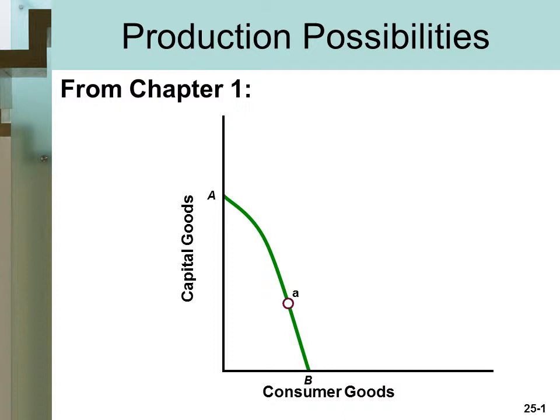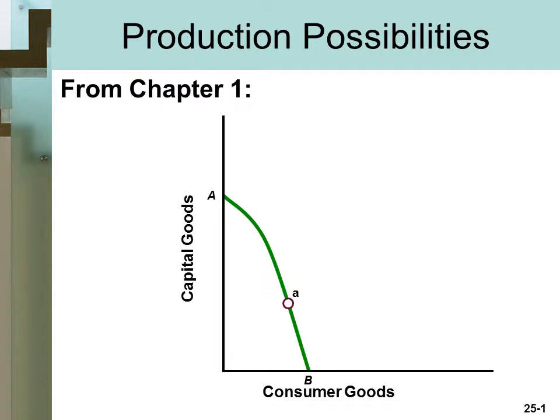But we said that in the future we could achieve economic growth through a couple different reasons. The first one being an improvement in the quantity or quality of resources. So if we discover more resources or we get better resources, that would lead to economic growth. And then the second cause of economic growth would be an improvement in technology and productivity.